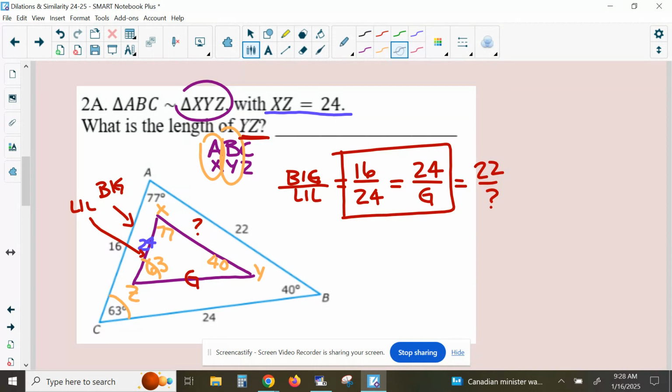So do your little butterfly you learned in middle school. This times this equals this times this. So we're going to have an equal sign in between them. Okay, so if we did 16 times G, what do we get here? 16G. Grab your calculator. Do the other side. 576.